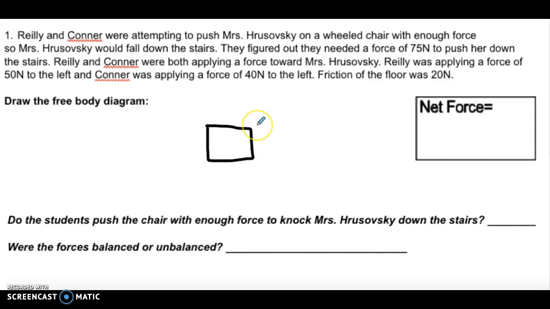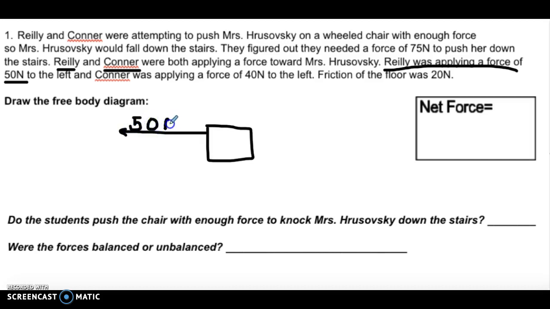If I go back into the problem, it says that Riley and Connor were both applying a force towards Mrs. H. Riley was applying a force of 50 newtons to the left. So here's going to be my arrow, 50 newtons to the left.